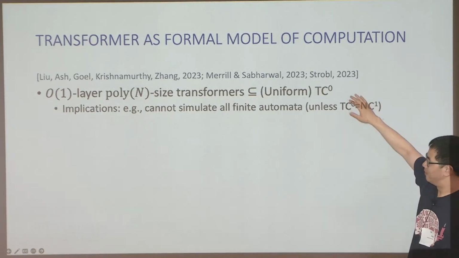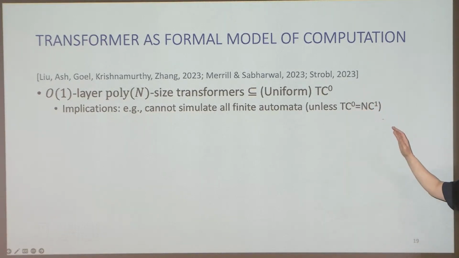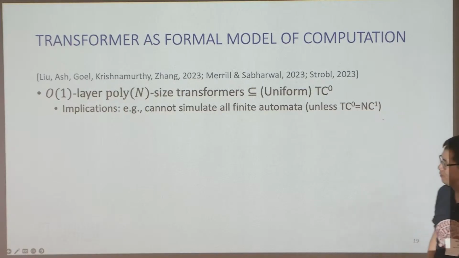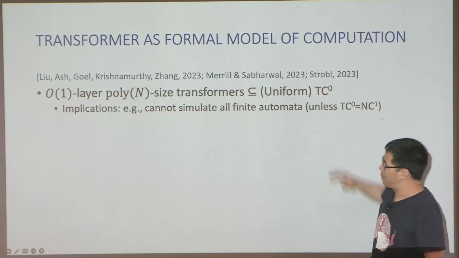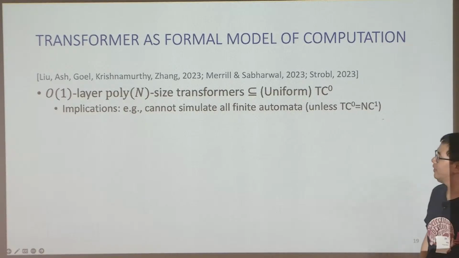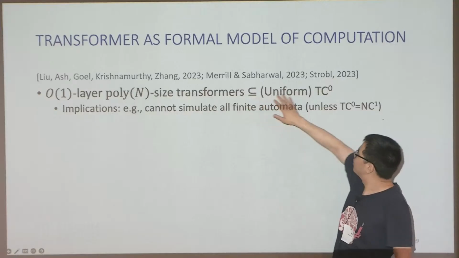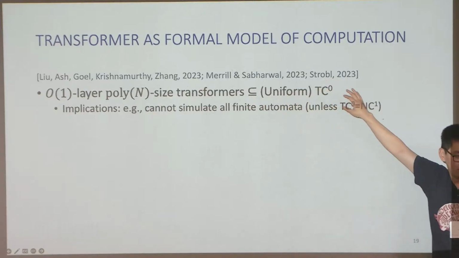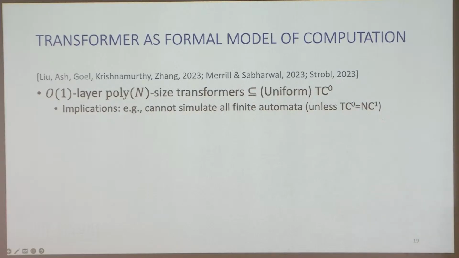Maybe one takeaway, not necessarily the most important result of this line of work, but one thing people have been able to say is that if you look at a constant number of layers of transformers, and the overall size is some polynomial in the sequence length, this can all be simulated by constant depth threshold circuits. Whether it's uniform or not is a detail that is important.